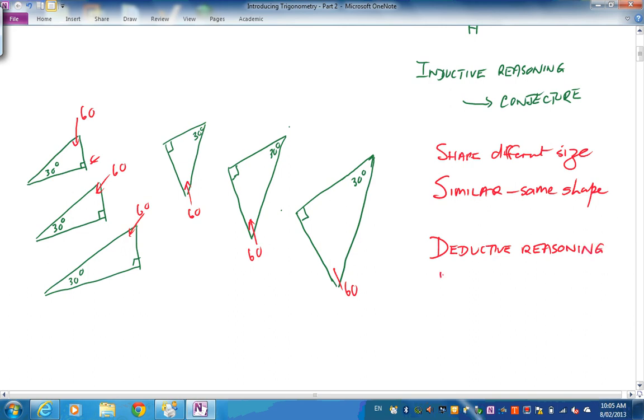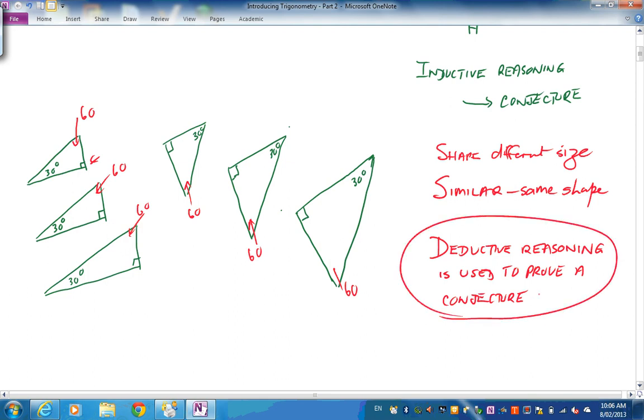Deductive reasoning is used to prove a conjecture.